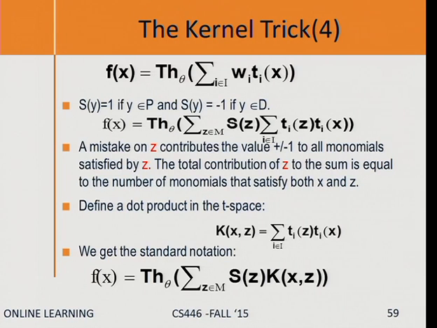What did I show today? This is what you knew last time, the last few meetings. Today I showed that in order to compute this f of x, you can do it this way. You can compute it by doing a sum over the examples, not the weight vector. Here it was a sum over the weights.